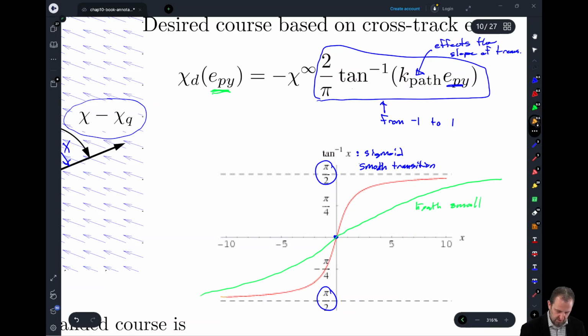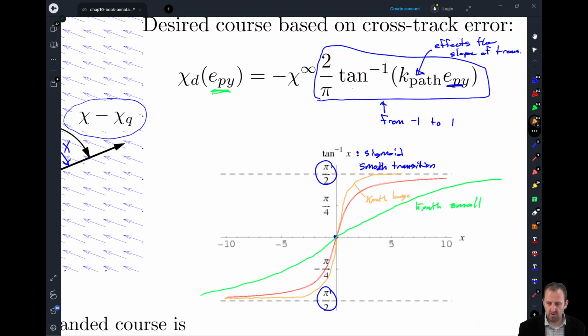And a really aggressive value would start its transition. There we go, I made it through the center. So this would be a k path large. Okay, so we have this sigmoid function where k path tells us that slope.